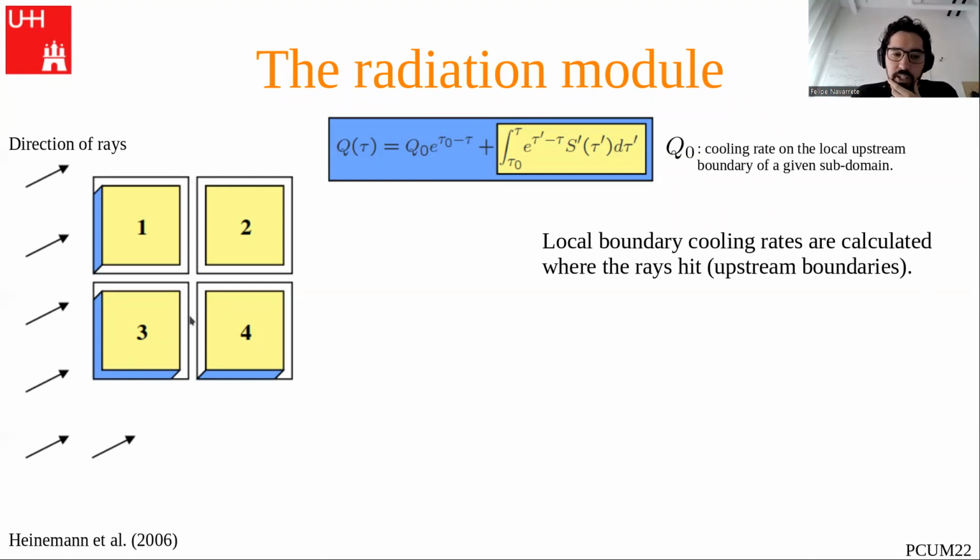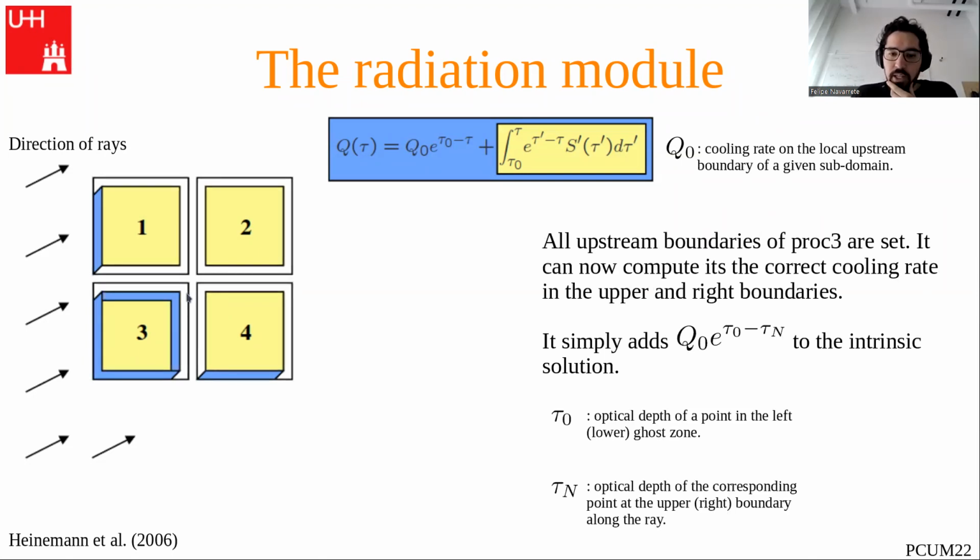These are correct, and now it can work with the other two sides. So this is basically adding this extra term here to the intrinsic solution. Here, tau 0 is the optical depth in the ghost zones, and Tn is the optical depth of the corresponding boundaries of the processor.